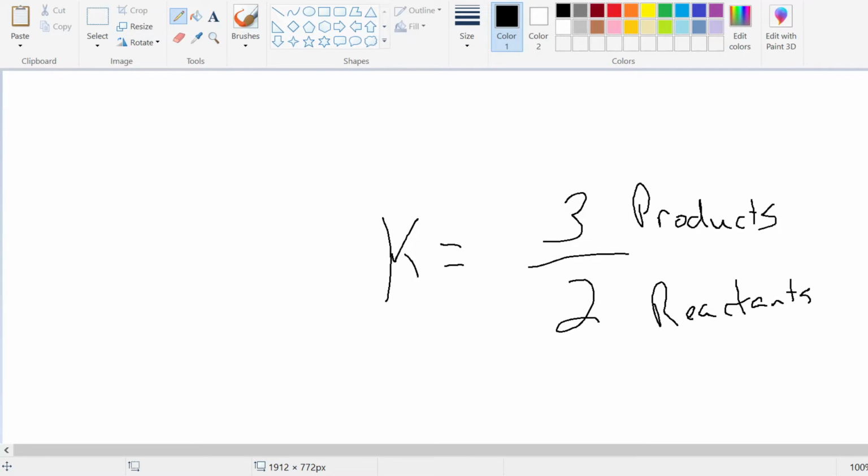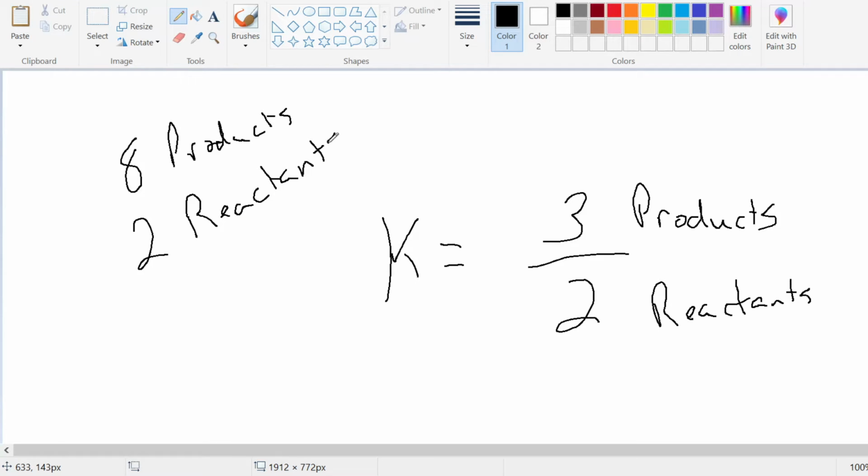Let's put in 8 products and 2, did I say 2 or 3? Let me look back real quick. 2 reactants. All right.